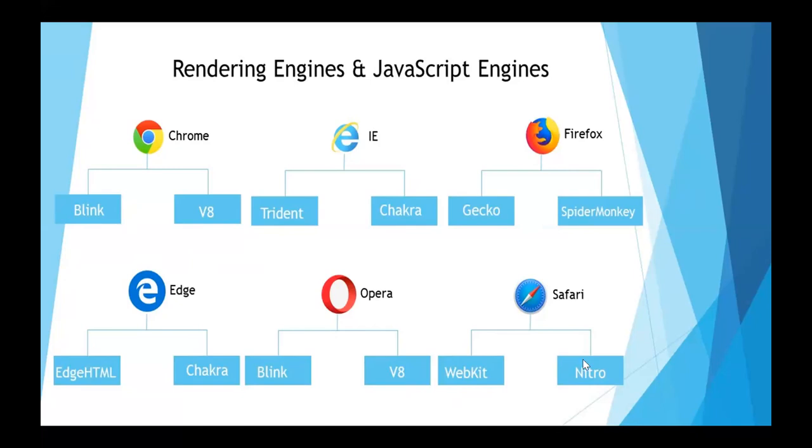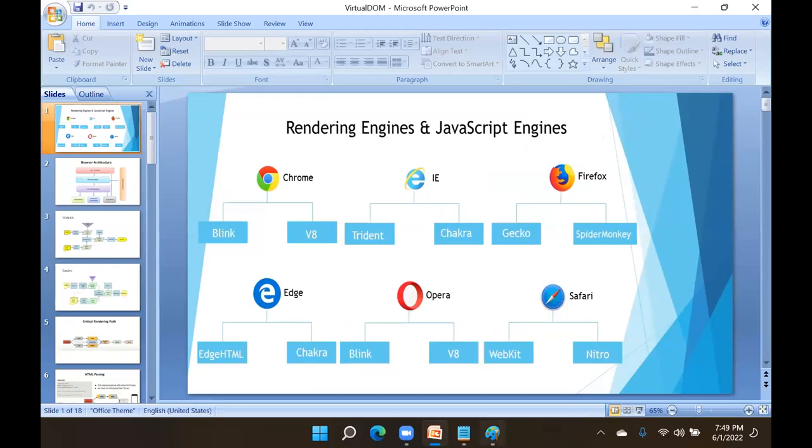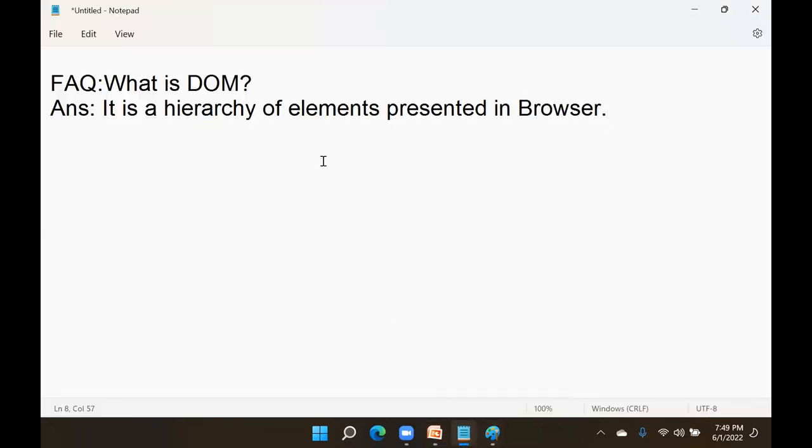So let's note some points here. I will share this diagram in the classroom. To understand DOM, first you need to understand browser engines. Every browser has a different engine. Chrome has Blink and V8.